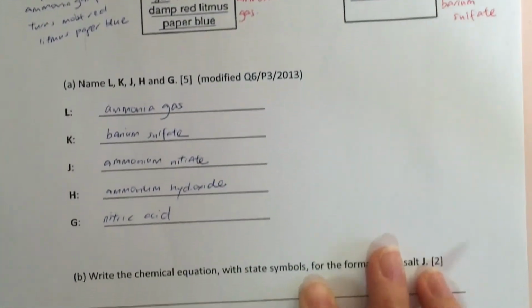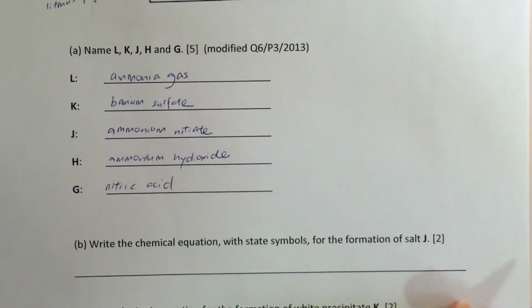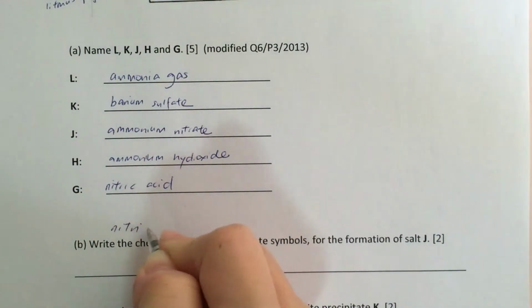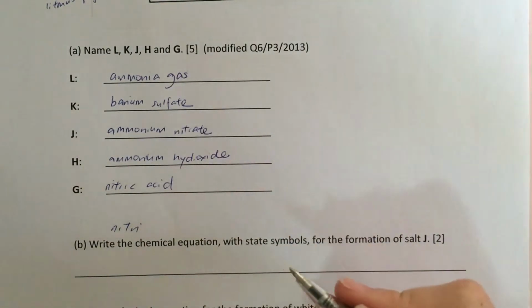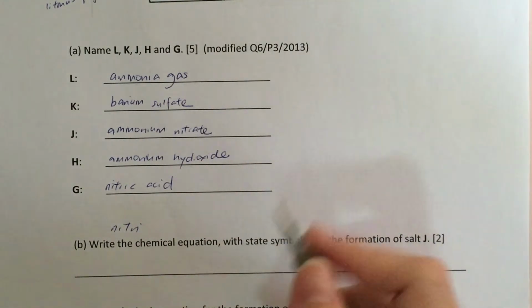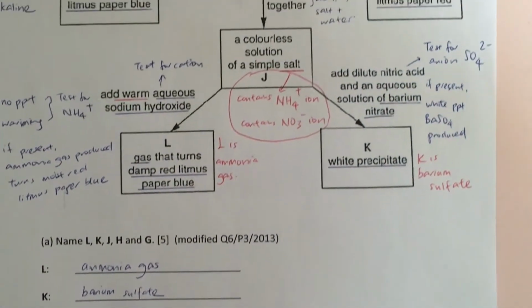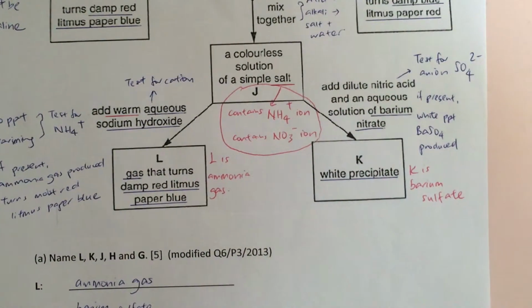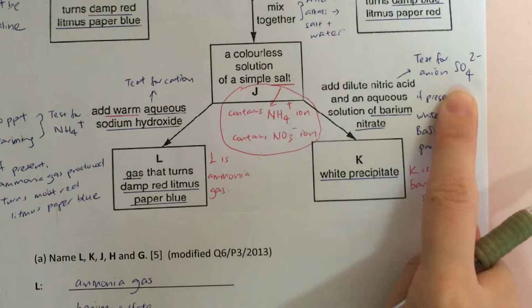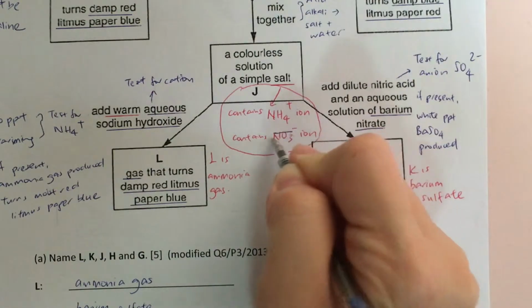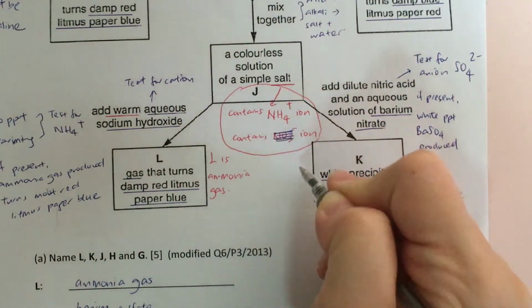So we move on to the next part before we correct all the errors. They ask you to form salt J. This is where I realized there is an error made, because we're testing for sulfate ion, so by right J should contain sulfate ion.